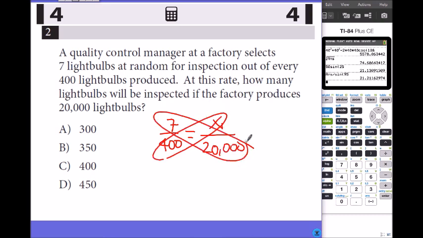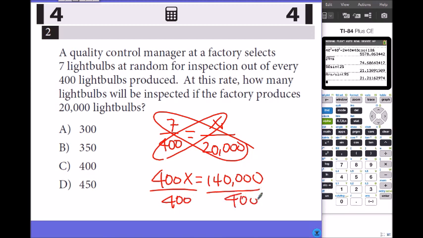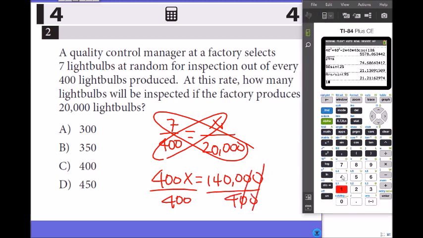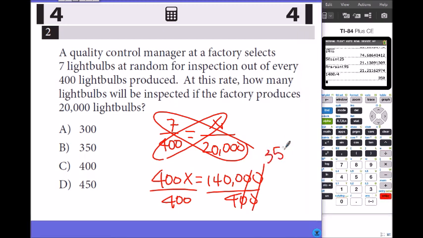So you can cross multiply. So 400 times X equals 7 times 20,000, which is 14 and 4 zeros. So now you divide by 400, which is the same thing as 1400 divided by 4. That's 350. 350 out of 20,000. So it is B.